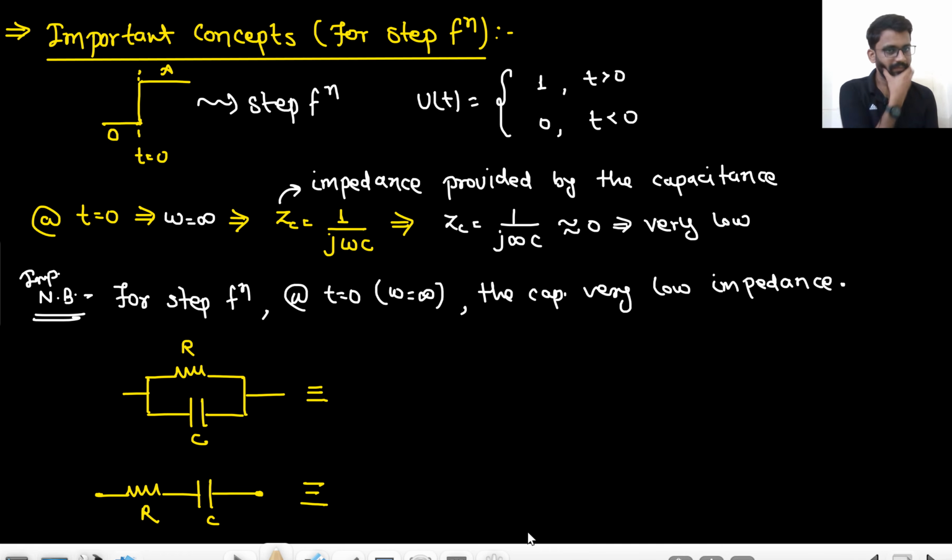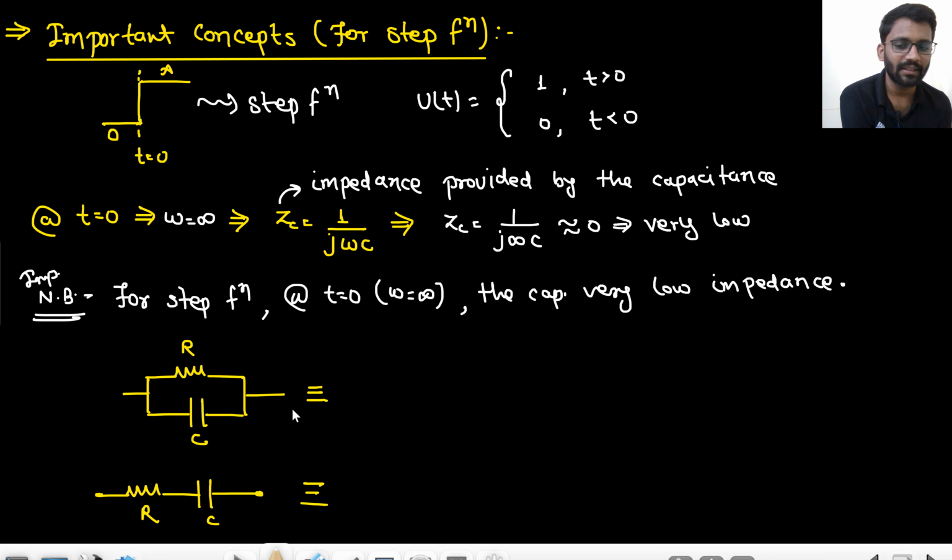Are you getting this point? If a step function is applied, that means at t equals to 0 it has infinite frequency. Infinite frequency means 1 by j omega c, infinite means very low. So if frequency is very high at t equals to 0, the capacitor is providing very less impedance, right? So here the capacitor will provide very less impedance.